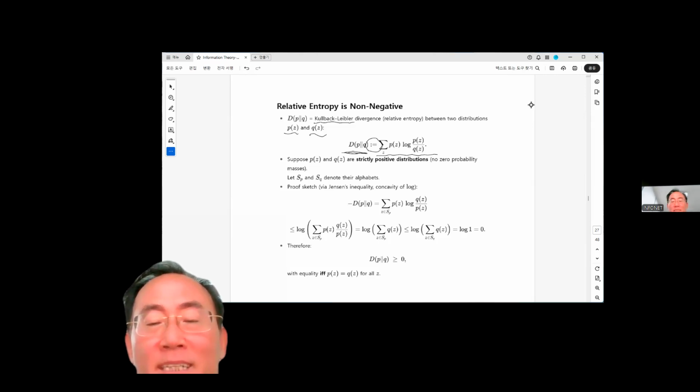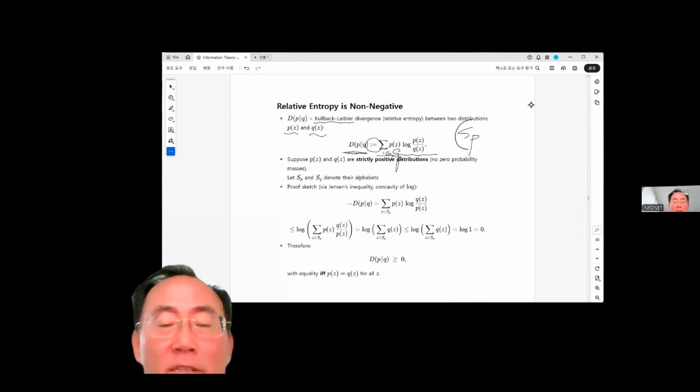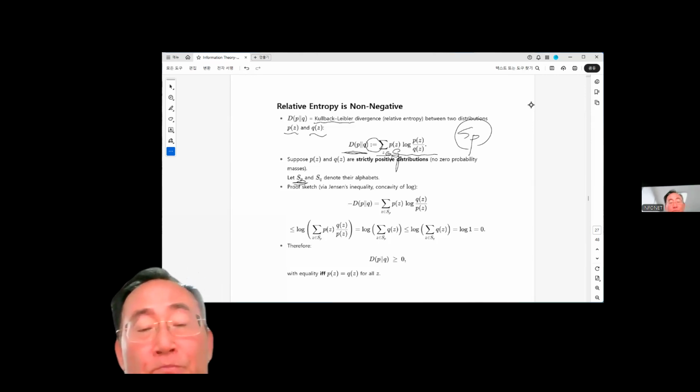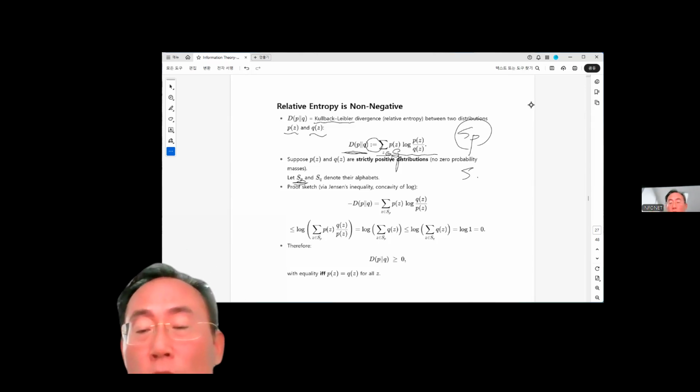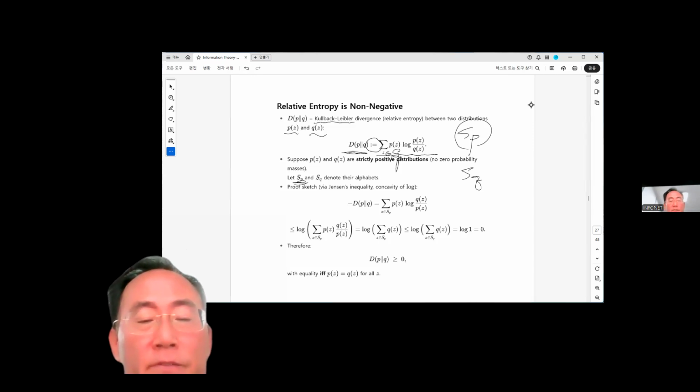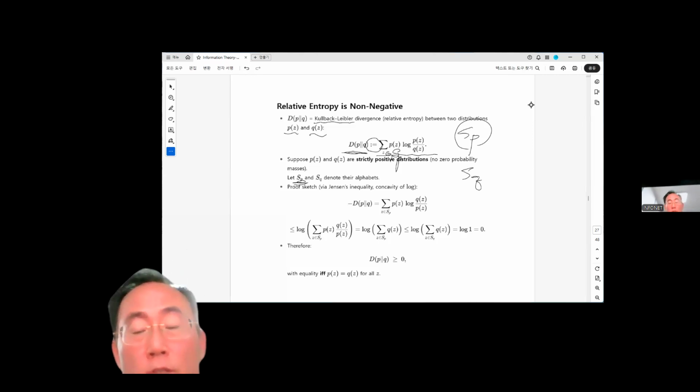And this z right here is a dummy variable, summed over S_P. S_P is the alphabet for distribution P. And S_Q is the alphabet for distribution Q. This one says strictly positive distribution, no zero probability masses.